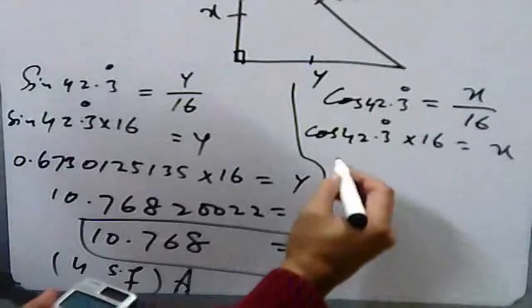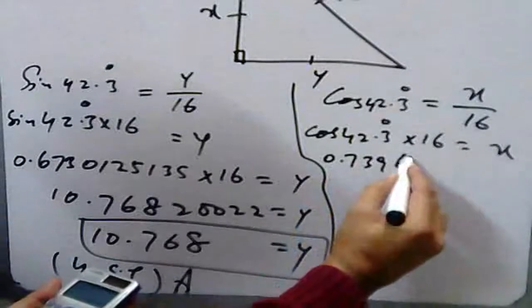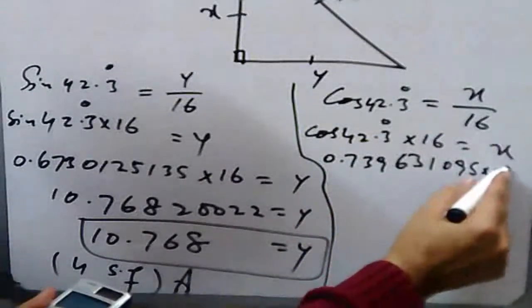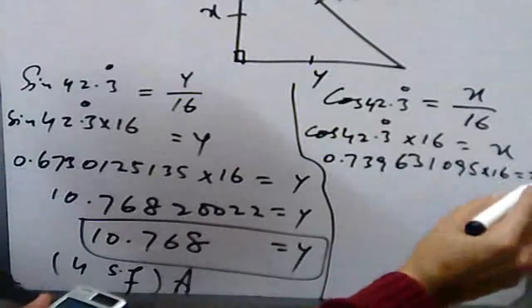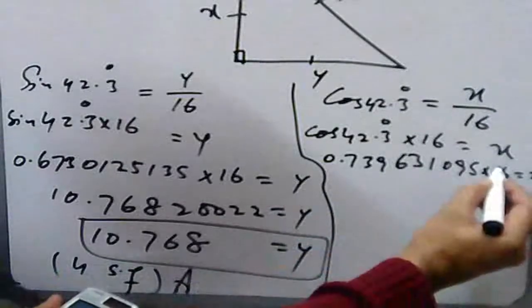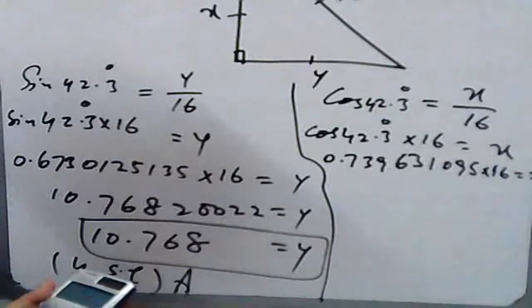Once again you use the calculator, and the value of cos 42.3 is 0.73963195, multiplied by 16, you will get the value of x.